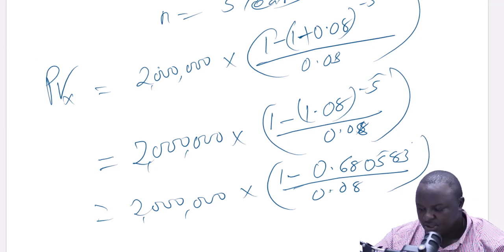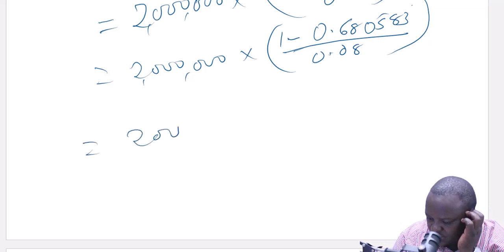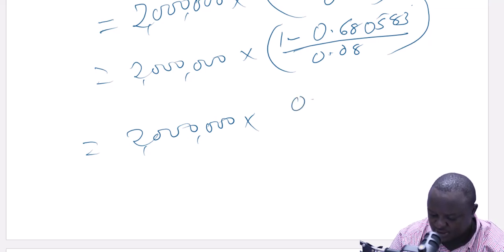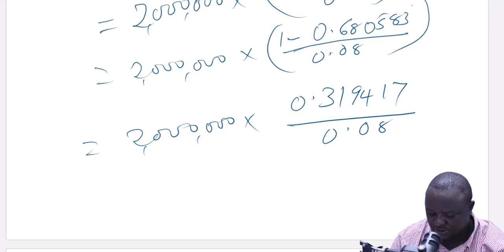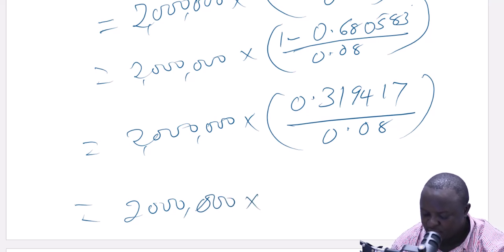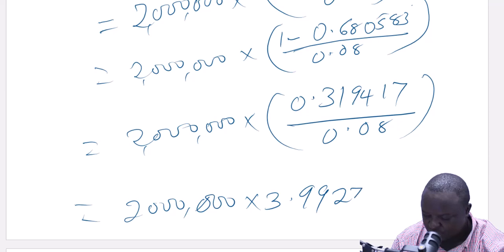So 2 million times 1 minus 0.680583, we will get 0.319417 divided by 0.08. So 2 million times 0.319417 divided by 0.08, you will get 3.99271.